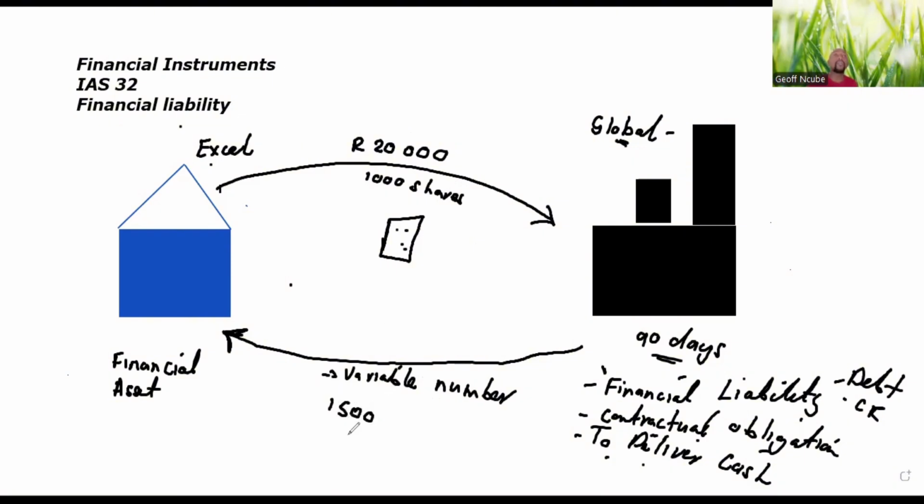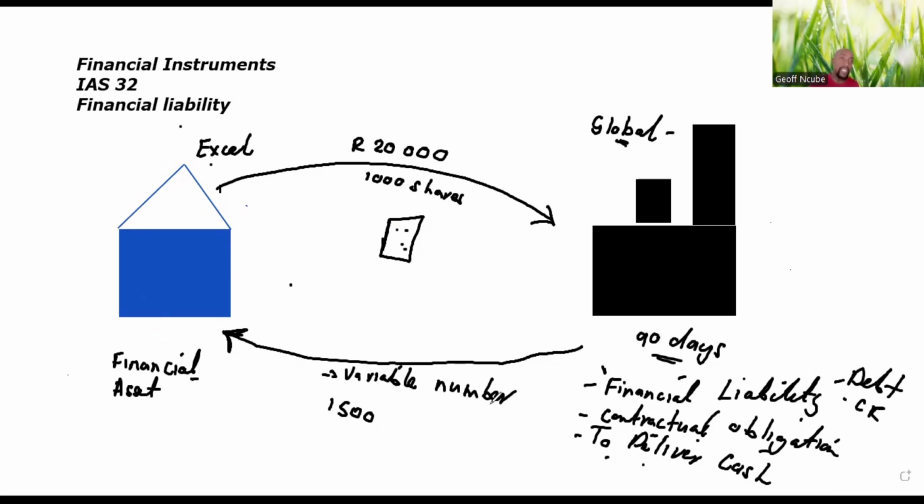You understand? So you are losing out ownership. Remember, the more shares you issue, you are losing out on the ownership grip on your company, because 500 is going to that other company as a form of repayment.